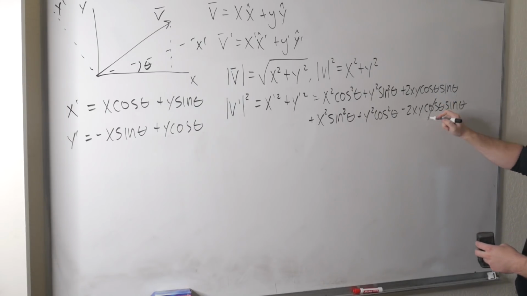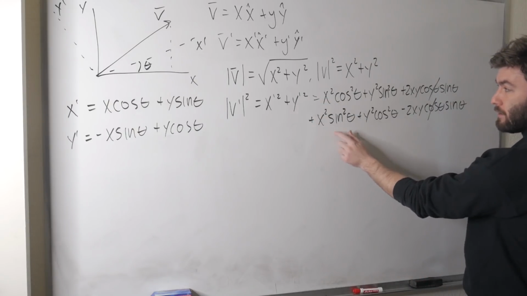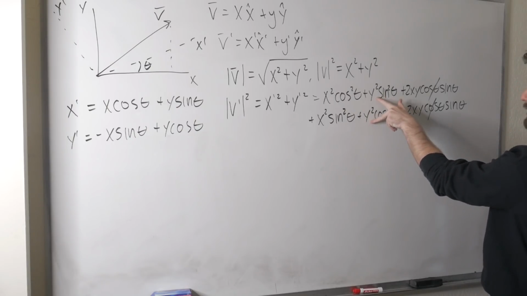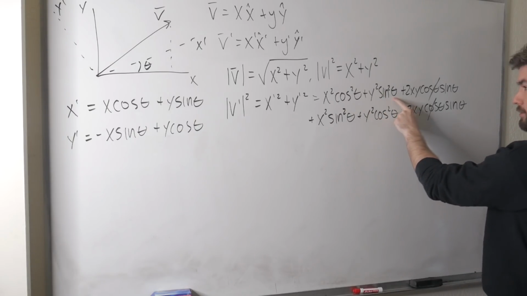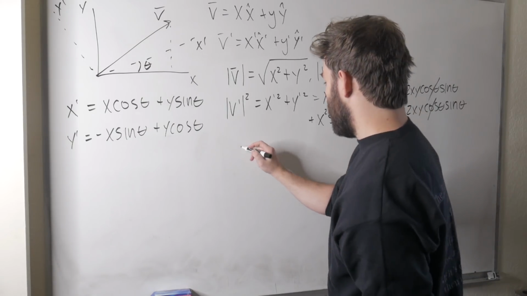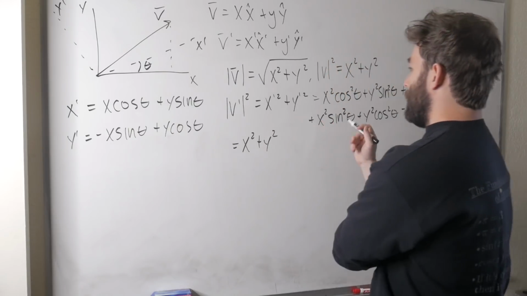These two guys cancel. And we can factor out an x squared here, which gives us cosine squared plus sine squared, which is 1. We can also factor out a y squared here, which is cosine squared plus sine squared, which is 1. So that tells us that the squared magnitude, the squared length, is equal to x squared plus y squared. So that's interesting.